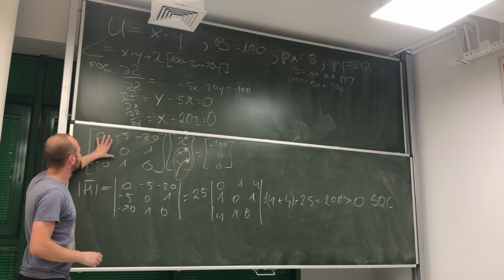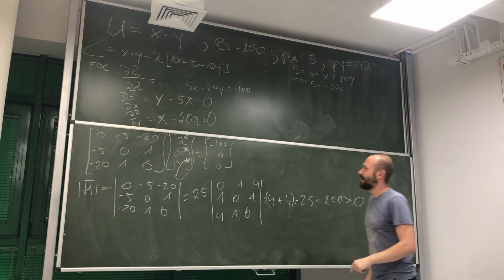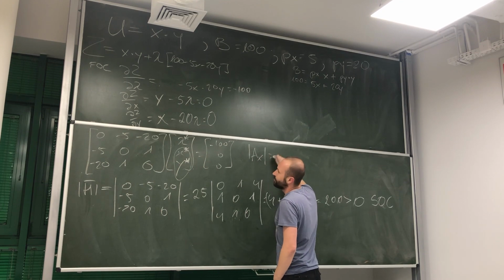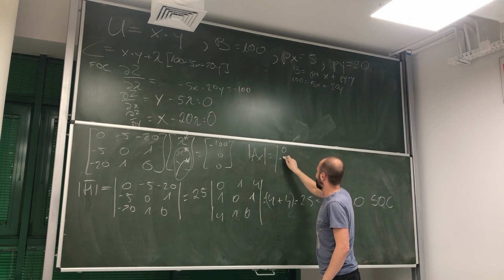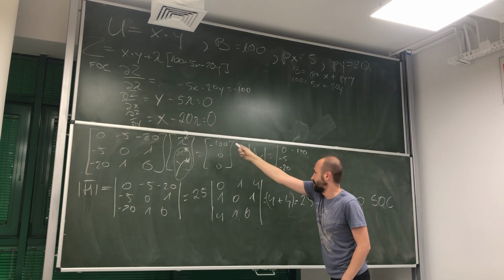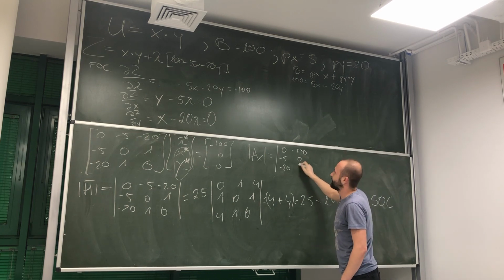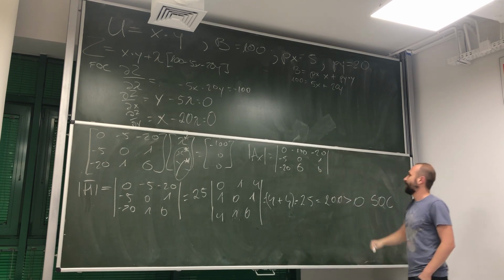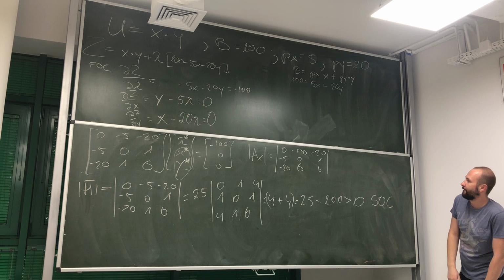Now we just need to calculate x and y. We calculate Ax, where we replace the second column: 0, negative 100, negative 20; negative 5, 0, 1; negative 20, 0, 0. Remember, we start with x, not with lambda. What can we take out of this?